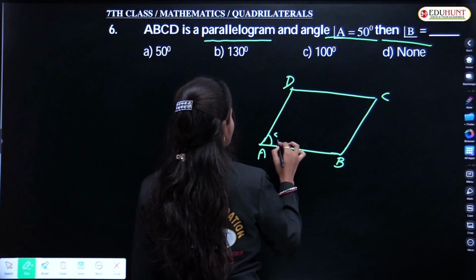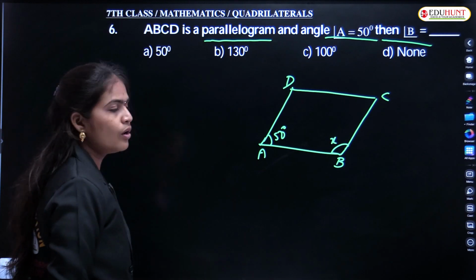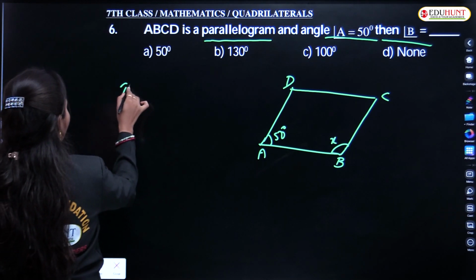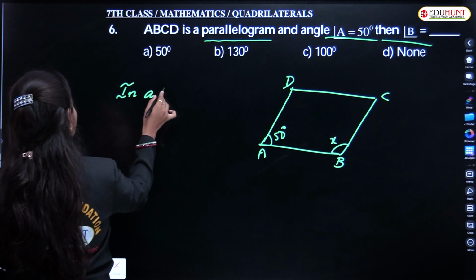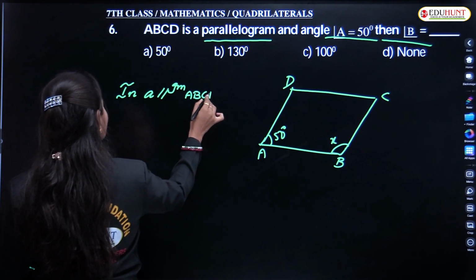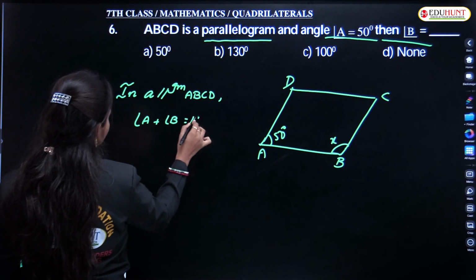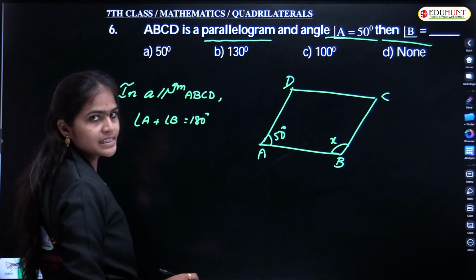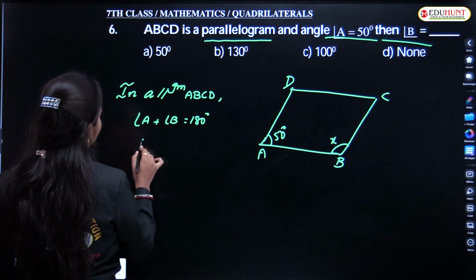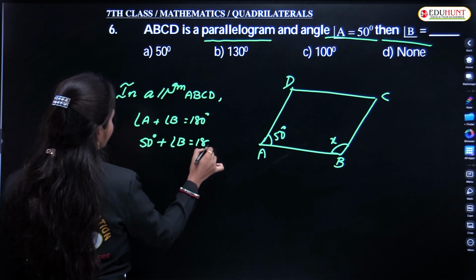ABCD. So A is equal to 50 degrees. So what is the angle at B they are asking? Okay. So what is that? In a parallelogram ABCD, angle A plus angle B is equal to 180 degrees. We know this condition, right? So here angle A is equal to 50 degrees, they have given, plus angle B is equal to 180 degrees.